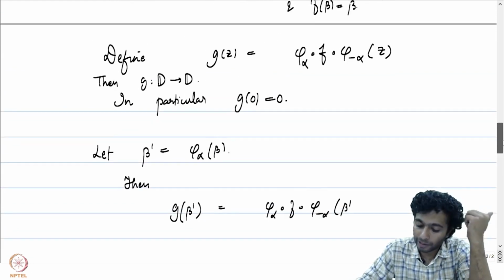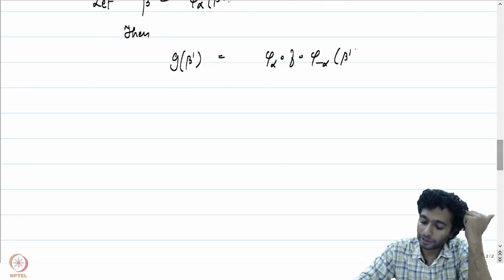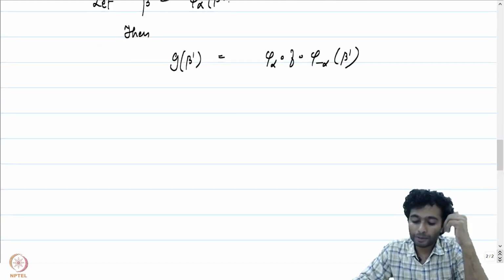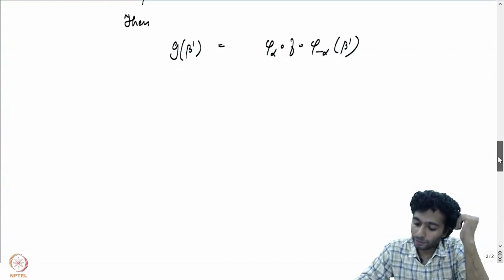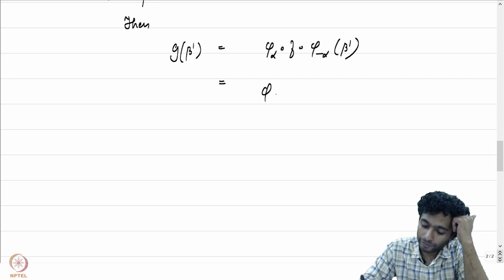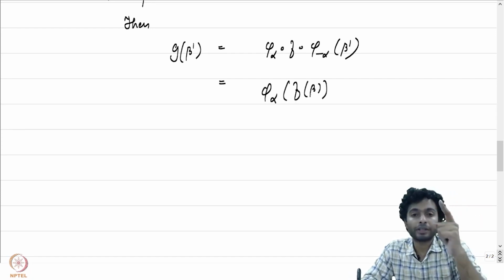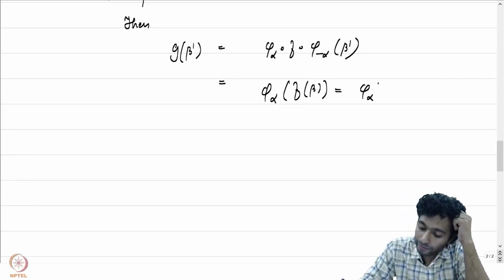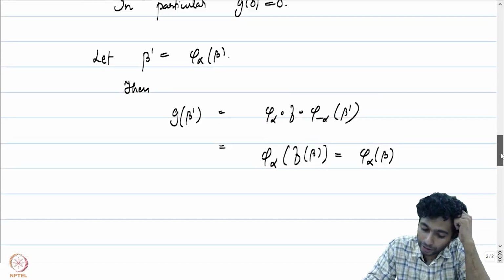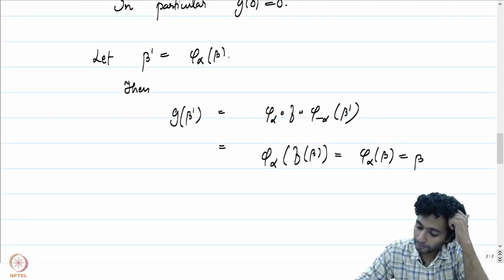Let's just go up and have a look at what that was. Yes? Perfect. So this is precisely what it is. And phi minus alpha of beta prime is precisely equal to beta. So this is equal to phi alpha of f of beta, but remember that beta is a fixed point of f, and therefore this is equal to phi alpha of beta, which again by definition is just equal to beta prime.